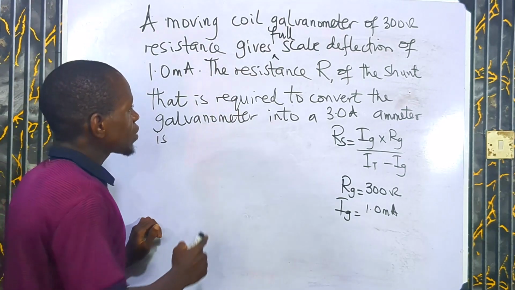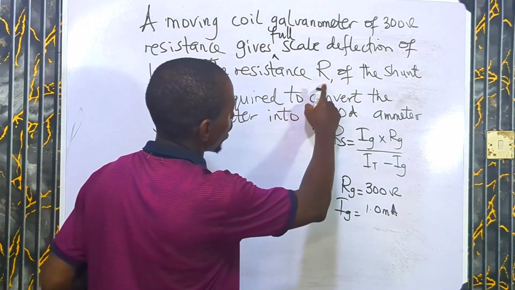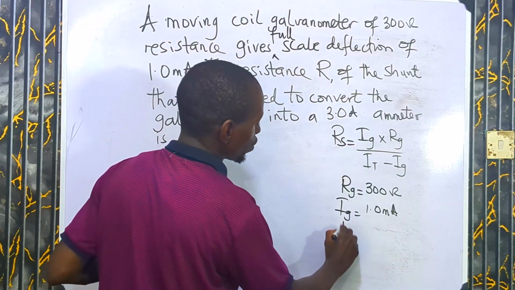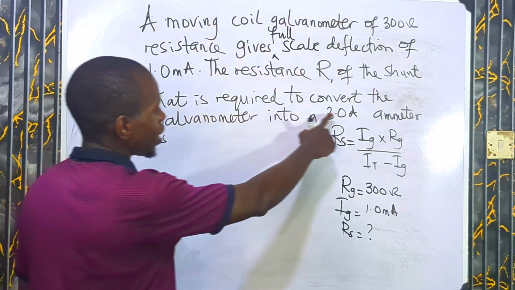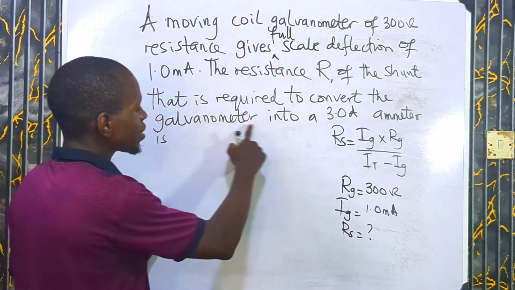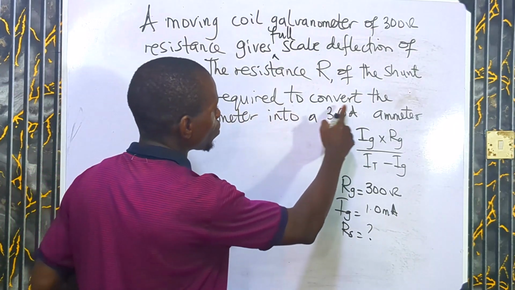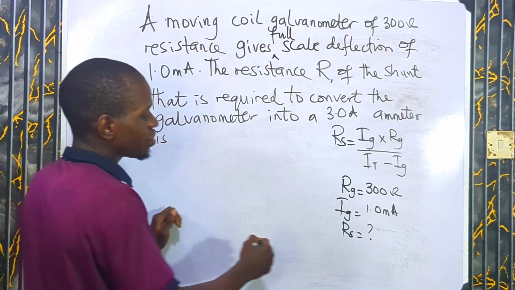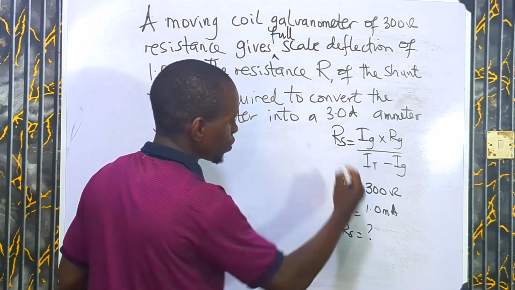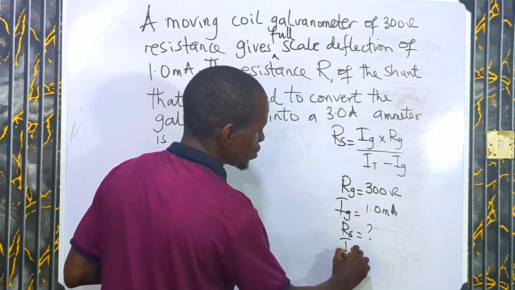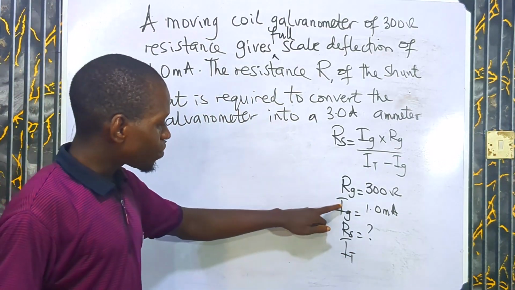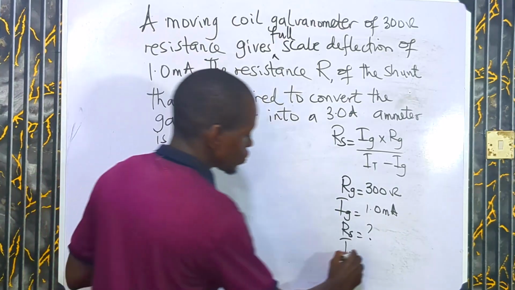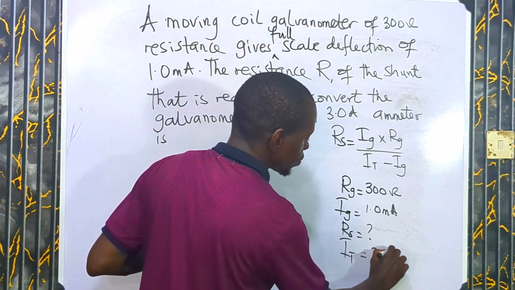All right. Now they say that we are looking for the resistance R of the shunt that is required to convert the galvanometer into a 3.0 amp. That is our total current. The total current is always larger than the current of the galvanometer, so it's 3.0 amperes.